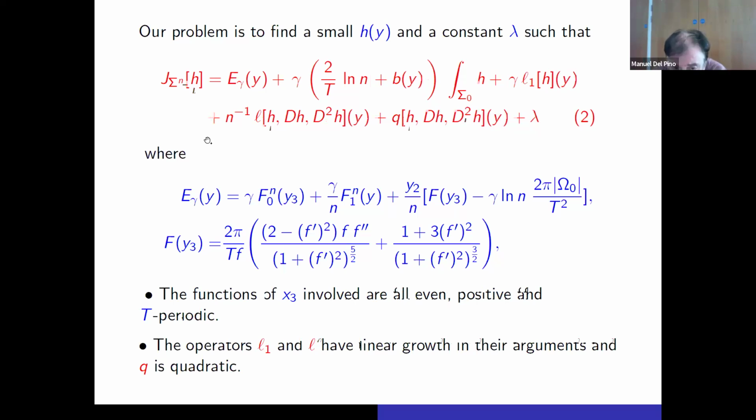Yeah, and here is the error of approximation, and here is this function of y3, capital F of y3, which is this garbage here. The functions of x3 involved are all even, positive, and T-periodic. The operators that I am calling here L or L1 have linear growth, and Q is a quadratic term. Yeah. So what we have to keep in mind is that these are lower order things.